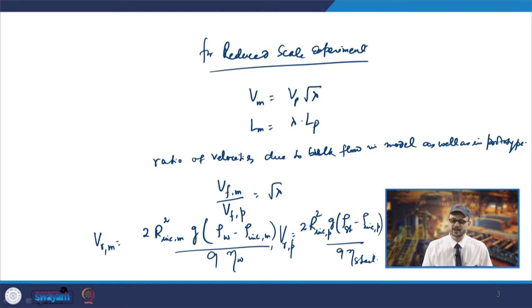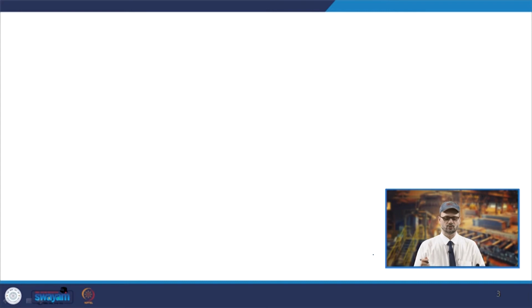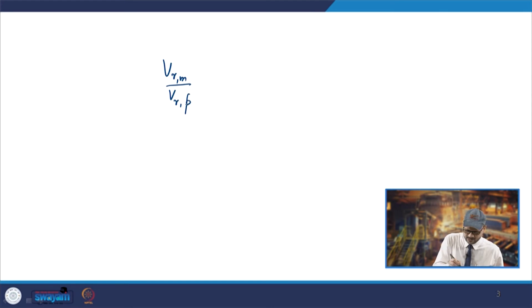So, for the similarity and for the same trajectory, these ratios that we obtain should be the same. So, you will have VRM divided by VRP, which should be the same as VFM by VFP, that is under root lambda.